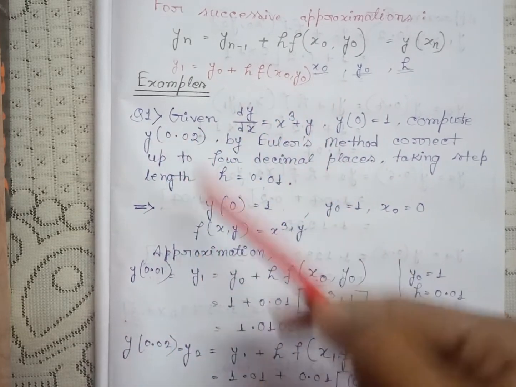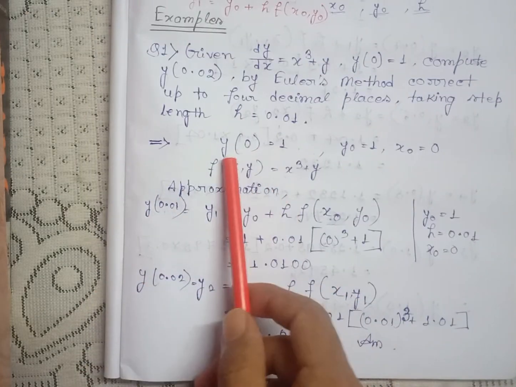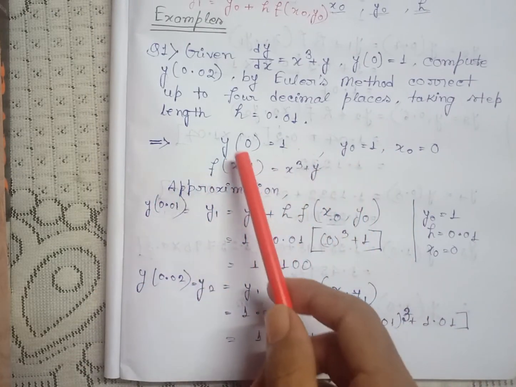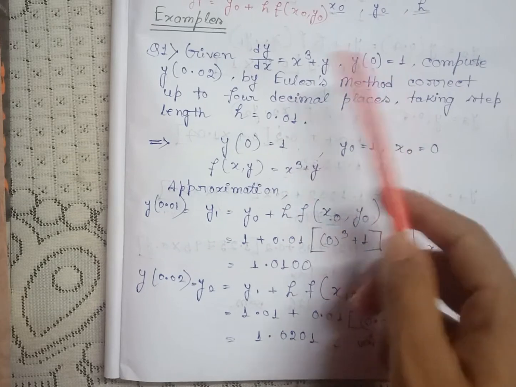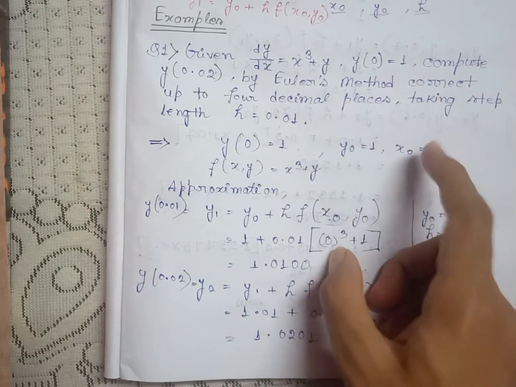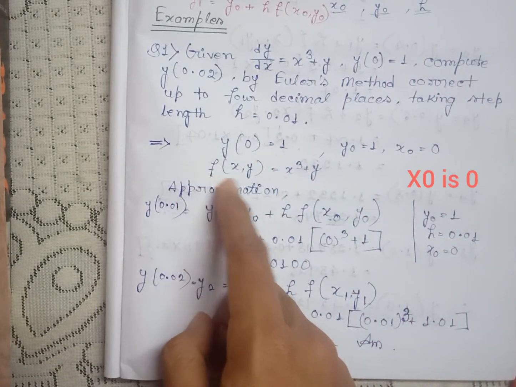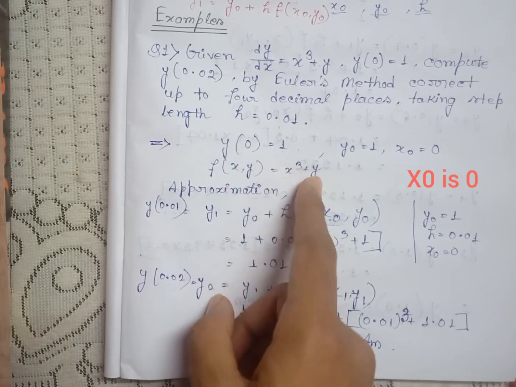Now, how to calculate this? I'll just show you that. First let's write down whatever we have been given here. Y of 0 is 1, x0 is 0, and the function here is x cube plus y.